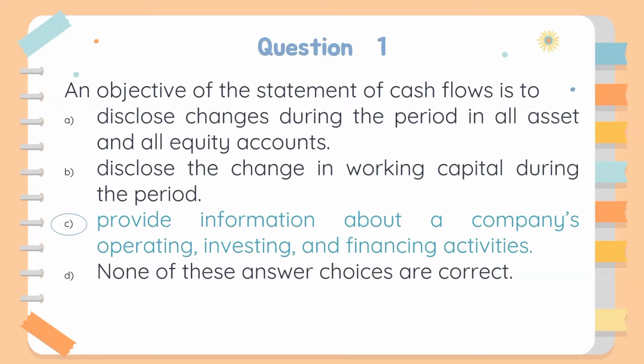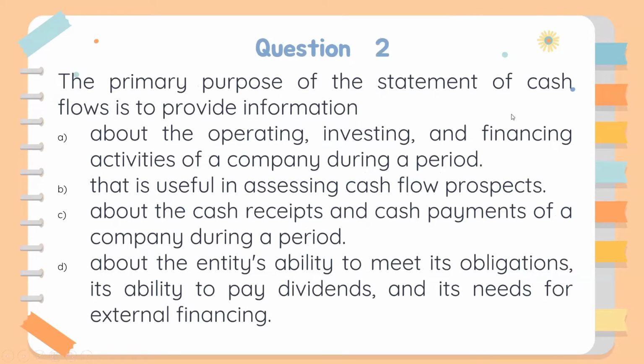So, for the question number 2, the primary purpose of the statement of cash flows is to provide information about A, about the operating, investing, and financing activities of a company during a period.